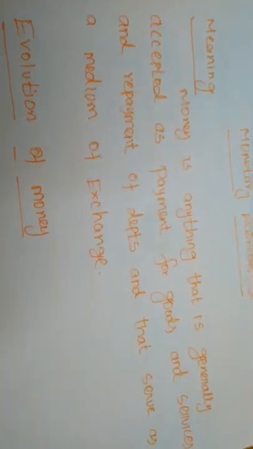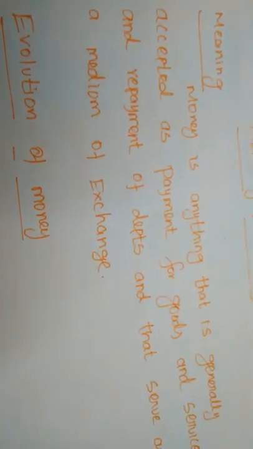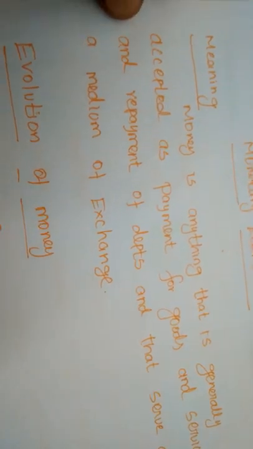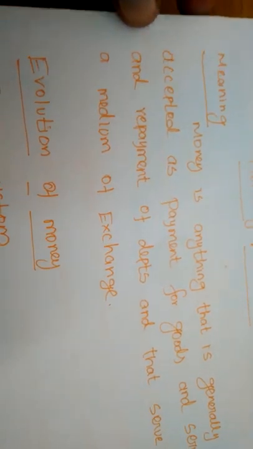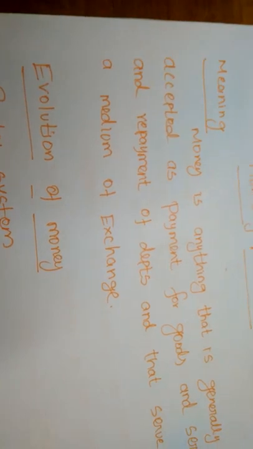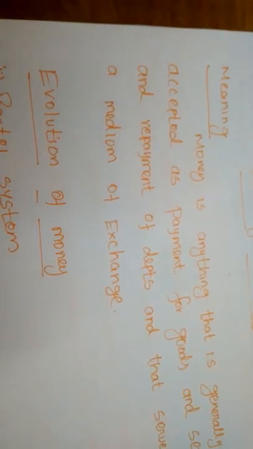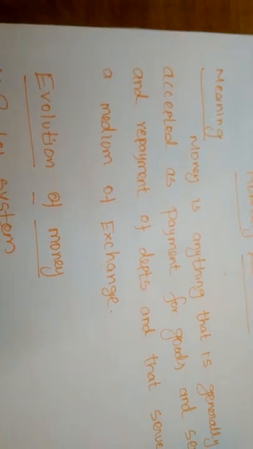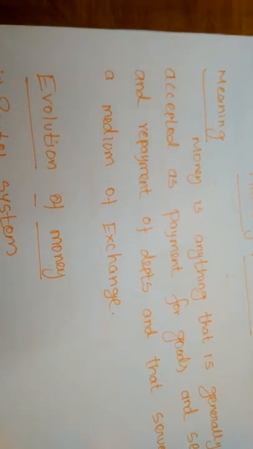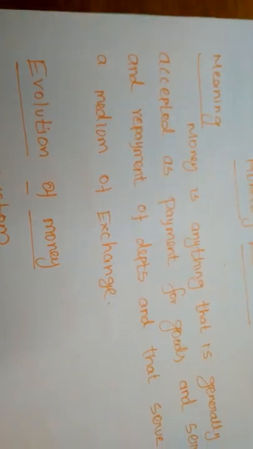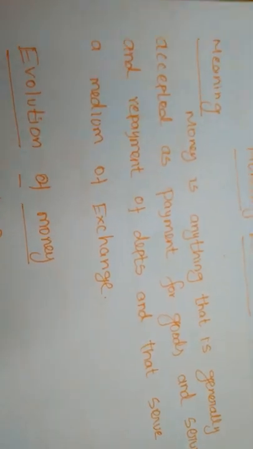Repayment of debt means, if we want to borrow some amount of money from anyone, that person also expects the repayment in the form of something. That thing may be money. And money also serves as a medium of exchange.